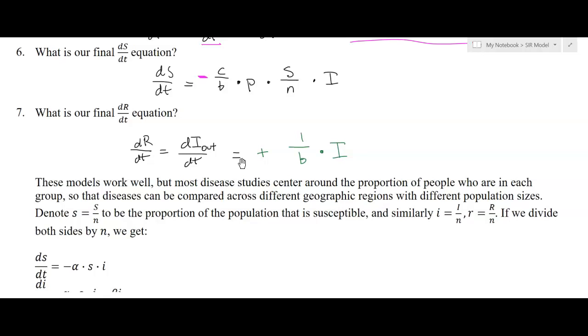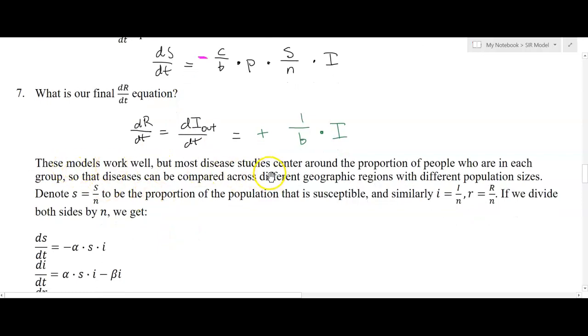The Phoenix area, where I'm reporting from during this video, is in the suburbs, a little less densely populated, and people do not cross paths as often. So it makes sense to talk about proportions instead.